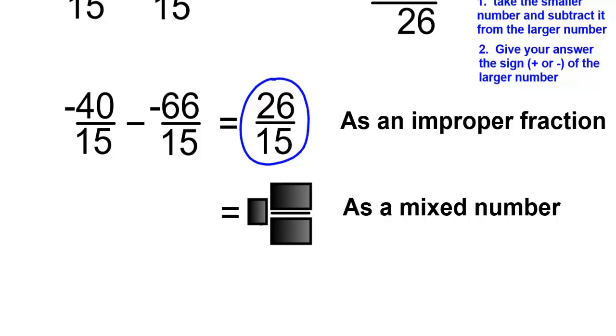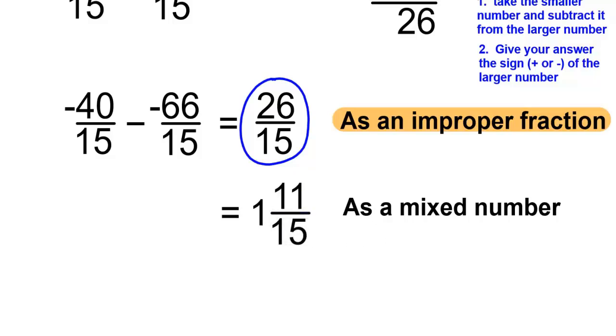This will be our answer as an improper fraction. This can also be written as 1 and 11 over 15. And this will be our answer as a mixed number.